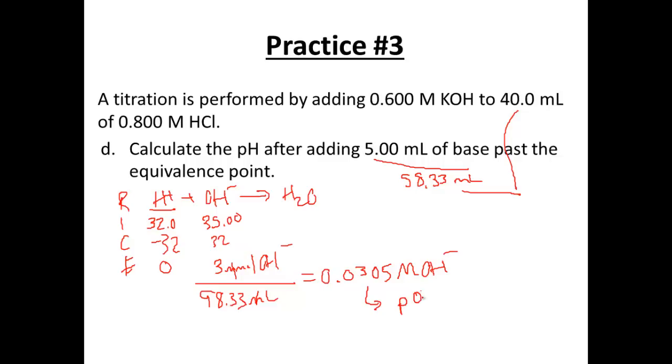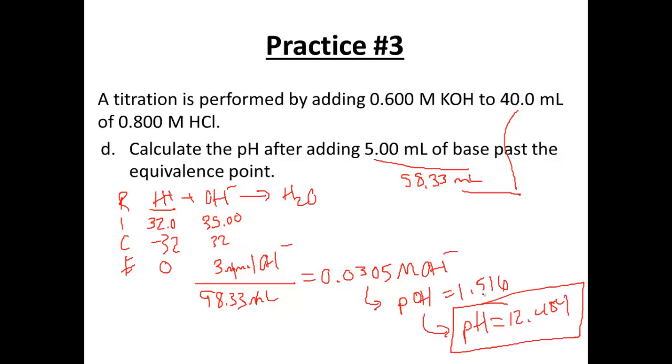And from this, you'll find pOH, and from that, you'll calculate your pH. So negative log of 0.0305 is 1.516, and then 14 minus that to get back into pH is 12.484. That's the pH as we go beyond the equivalence point.